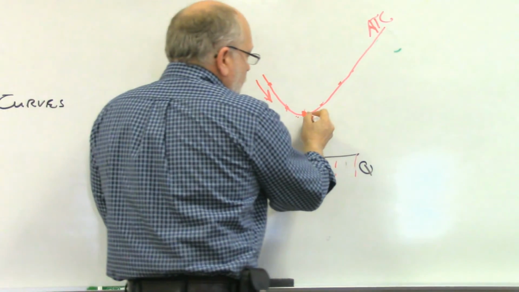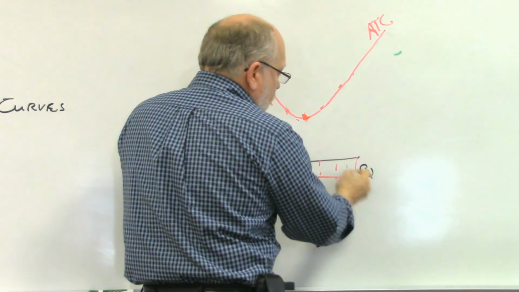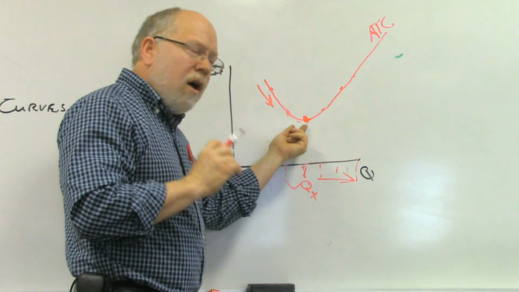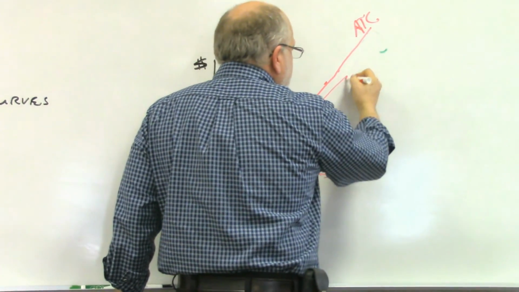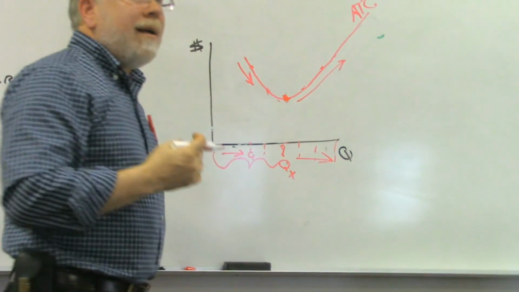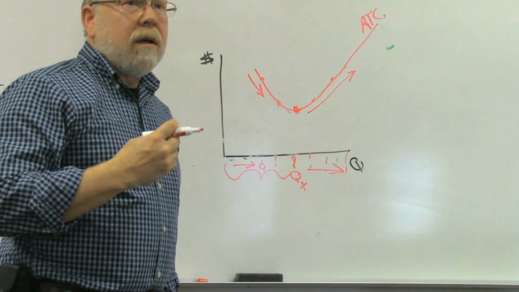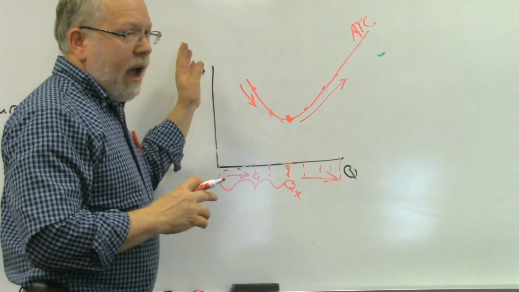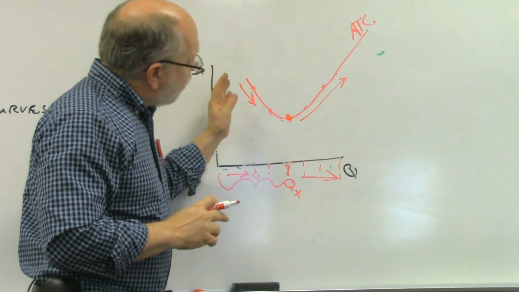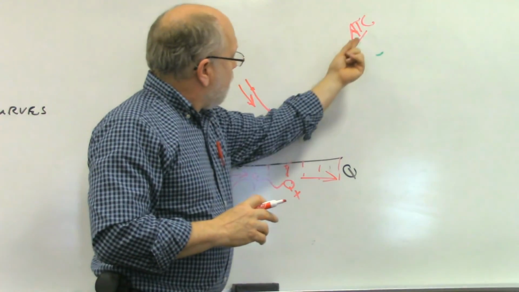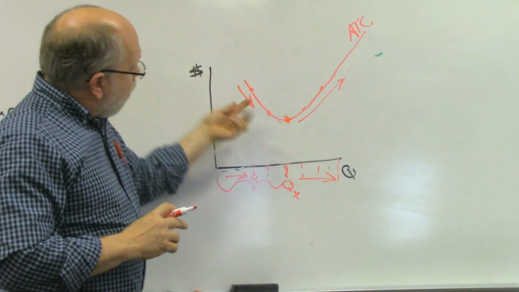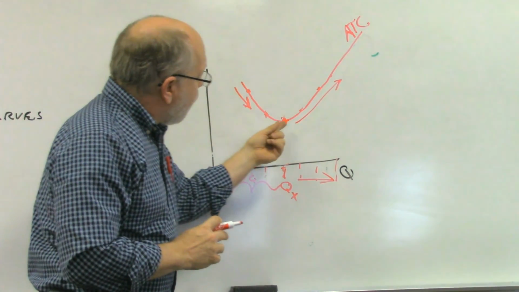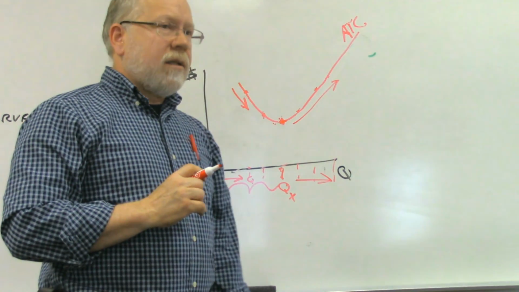And we pass our efficiency point, and as we increase our output past the point of our lowest cost efficiency, as we go up this side of our average total cost curve, that is called diseconomies of scale. So again, we have this U-shaped curve for both the average variable cost curve and the average total cost curve. If we're on this portion of the curve from here to here, we have economies of scale. If we go further over, we have diseconomies.